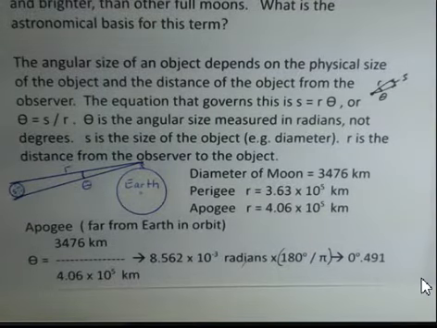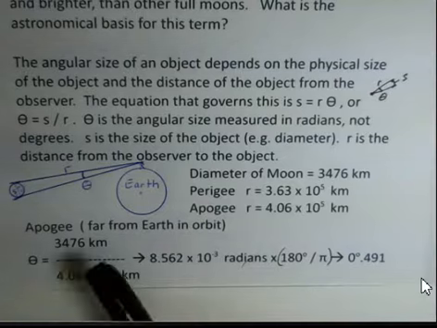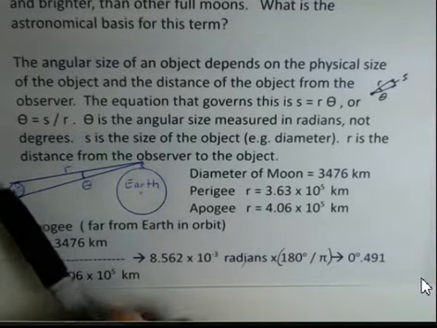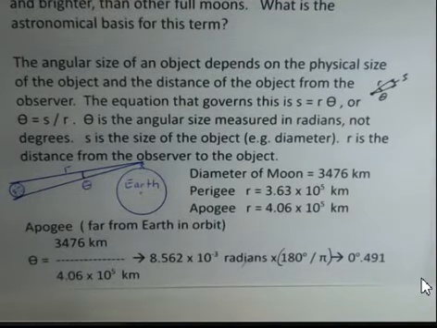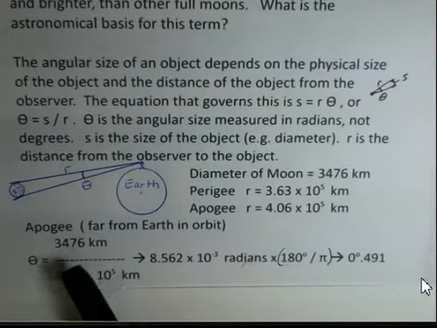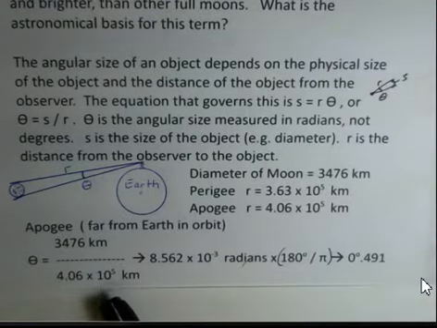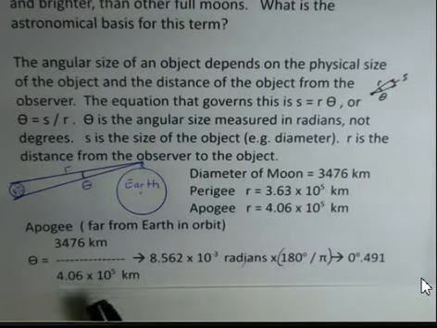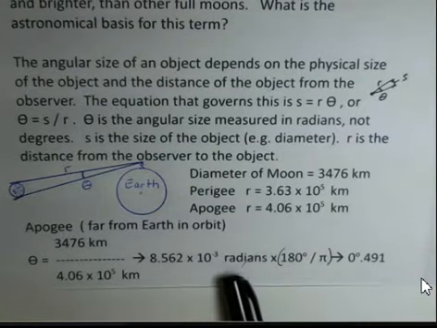We're going to ignore that fact that S should be the arc of a circle, but we're using a straight line distance of diameter of the moon. The distance to the moon at this time at apogee, 4.06 times 10 to the 5th kilometers. If you need any help working with powers of 10 notation, you might want to view my other video on powers of 10. But use your calculator and you get this many radians.